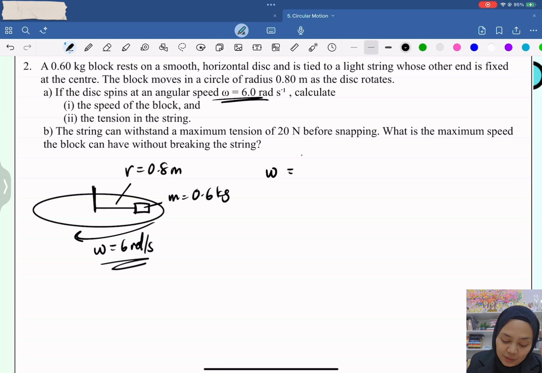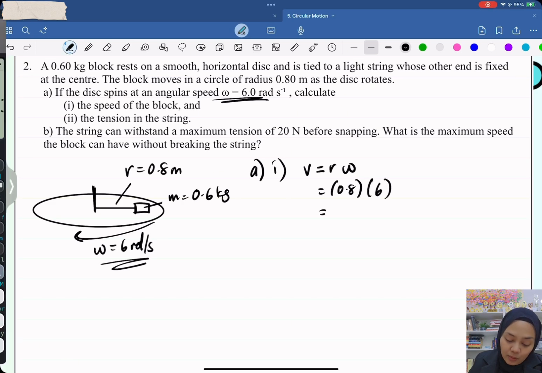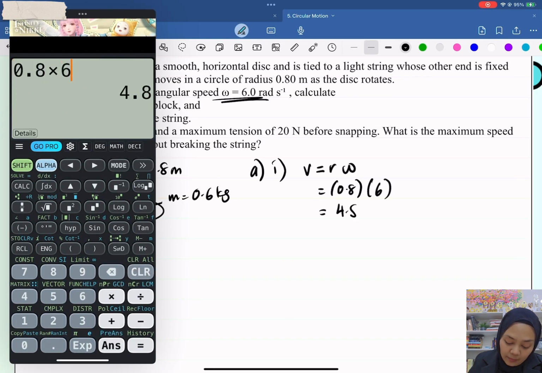So v equals r omega. The r is 0.8. This one is in radian per second, so we don't have any problem because this is the basic unit for angular frequency. Hence we straight away substitute the 6, and once we calculate it, we get 4.8 meters per second.